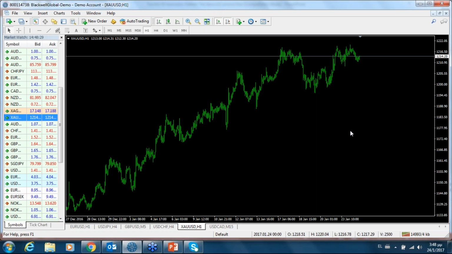The USD index is not a tradable instrument, but it's an instrument that can be used as an indicator. Why? Because the USD index is a comparison of the US dollar against a basket of 6 other currencies.